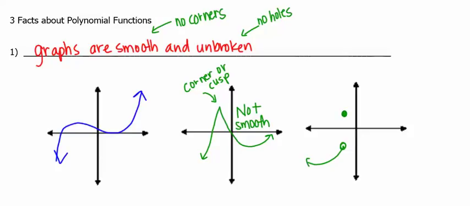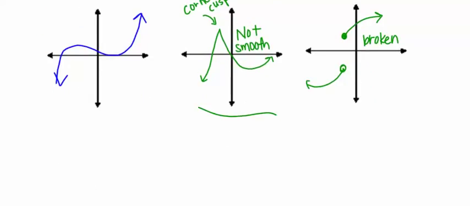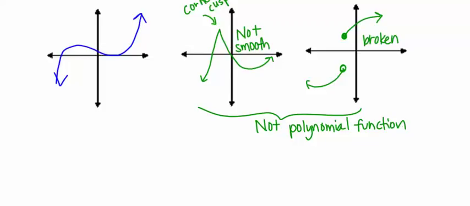Here's an example of a broken function. This would be a piecewise function that has a break in the range. This is not a polynomial function. So these two on the right that are in green, they are not polynomial functions. So we can tell looking at the graph what polynomial functions are and what they're not.